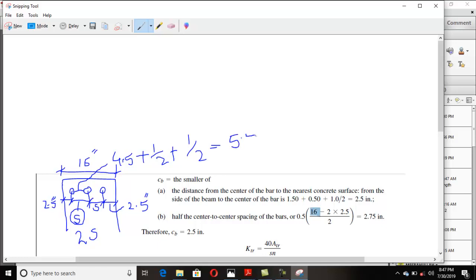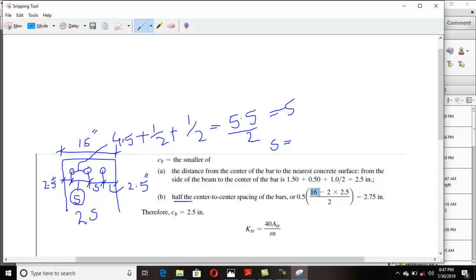So this is the center to center distance, equal to 5.5. If I divide it by 2, because I need to determine half of the center to center distance, this should be noted. Remember, half the center to center spacing. Once you get the center to center spacing, you have to divide it by 2 because you have to take half. So it will give you 2.75.